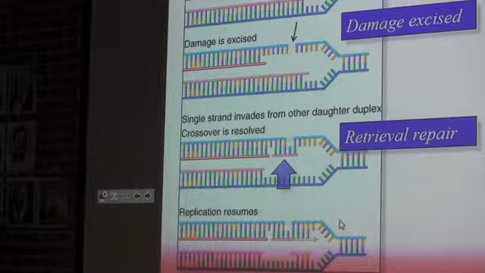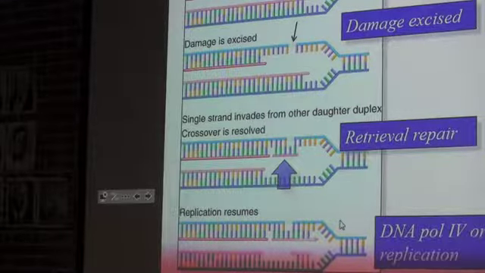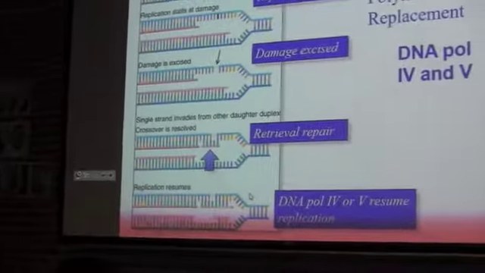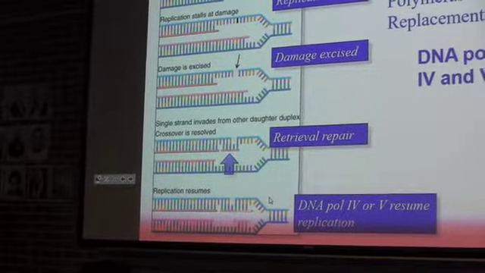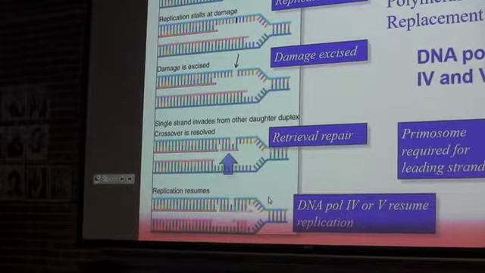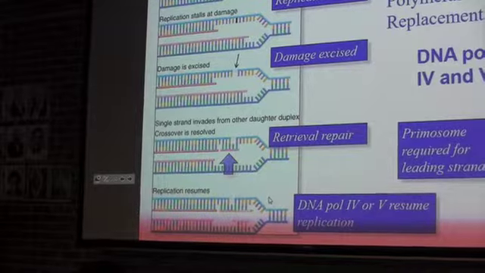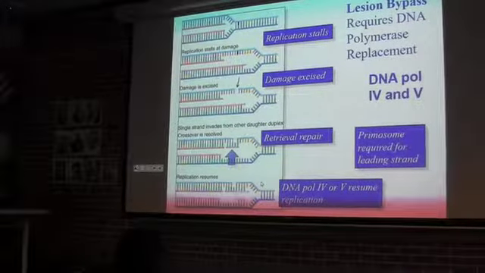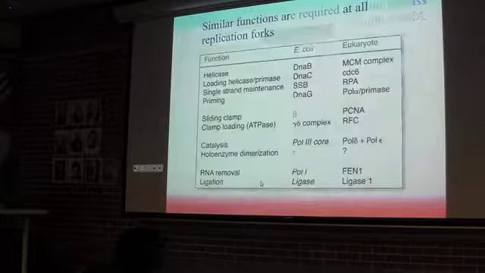Well, look, there it goes. And then Pol 4 and 5, or 5, resume. The primosome is required to reinitiate the leading strand.